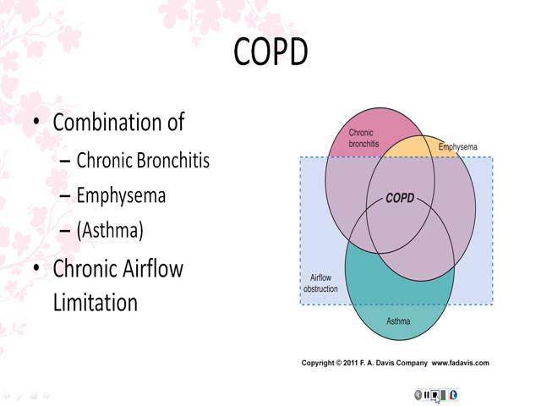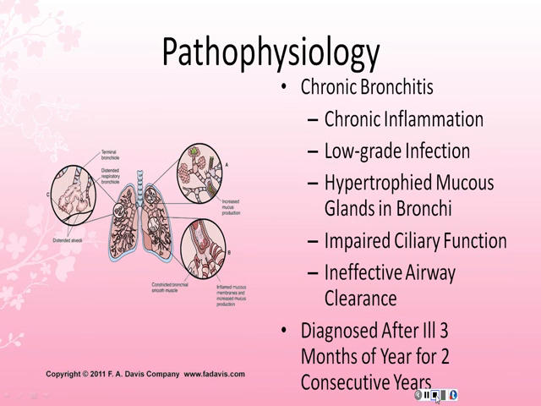All right, so pathophysiology. Chronic bronchitis really is chronic inflammation, usually from inhaled irritants. It causes impaired ciliary function and ineffective airway clearance. There are also hypertrophied mucus glands in the bronchi, which produce excessive thick tenacious mucus, which obstructs the airway and traps air, again causing that ineffective airway clearance.